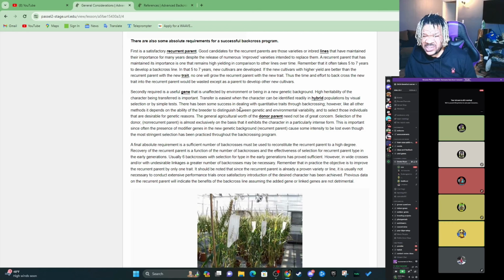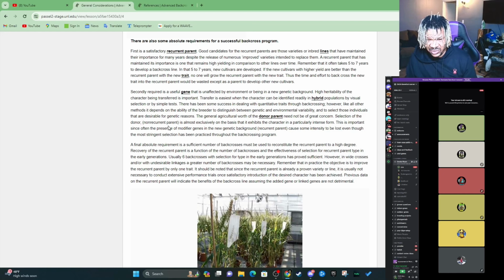There has been some success in dealing with quantitative traits through backcrossing. However, like all other methods, it depends on the ability of the breeder to distinguish between genetic and environmental variability and to select those individuals that are desirable for genetic reasons. General agricultural worth of the donor parent need not be a great concern.